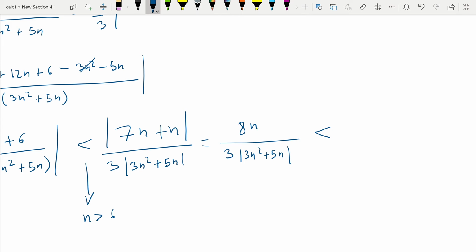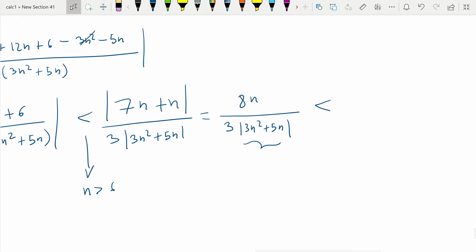So we need to be smarter about it. We want to bound this from below by something that is quadratic. So 3n squared plus 5n. Remember, everything here is positive. So this is definitely greater than 3n squared, because here you're adding 5n to that.